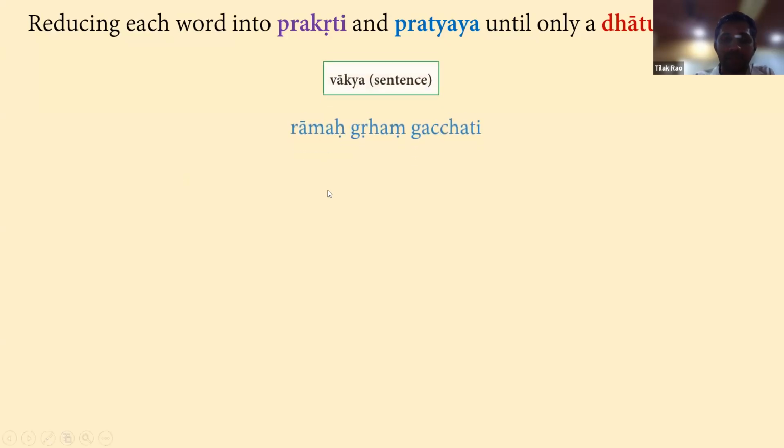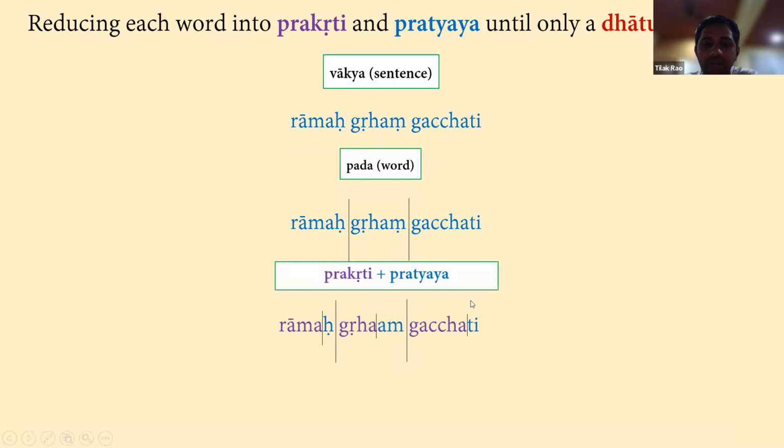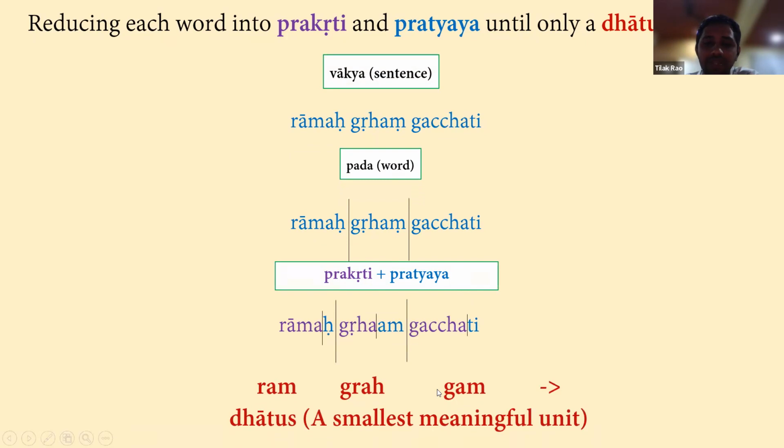I will show an example, the same example which we took in the beginning. Ramaha graham gacchati. It can be divided into padas: Ramaha, graham, gacchati. Then it can be divided into prakriti and pratyaya. Again, this Rama, Graha, and Gaccha can be divided into prakriti and pratyaya. Then what remains? Ram remains the smallest meaningful unit.